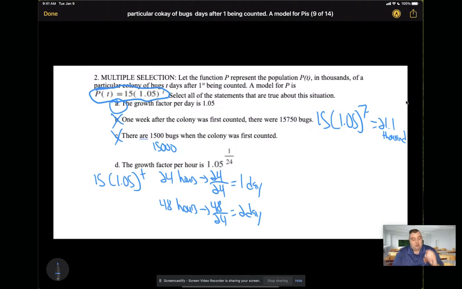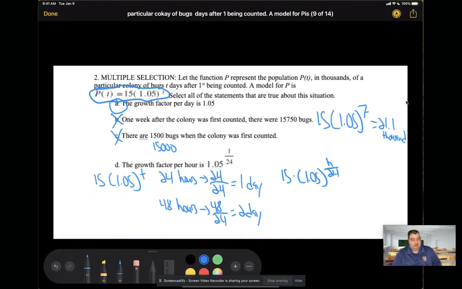So my equation per hour is going to be 15 times 1.05 to the power of h over 24. Because I take the number of hours and divide it by 24, that gives me my t value. So then, to figure out the growth factor per hour, I have to play that algebra game that I've used in recent lessons.